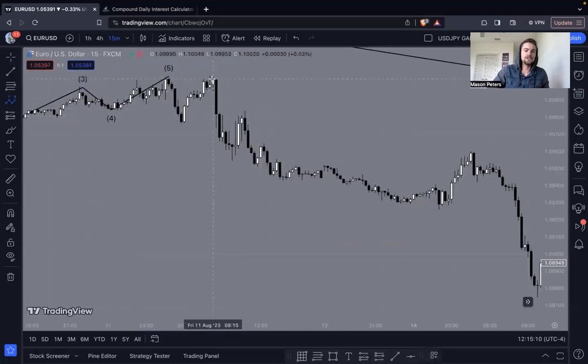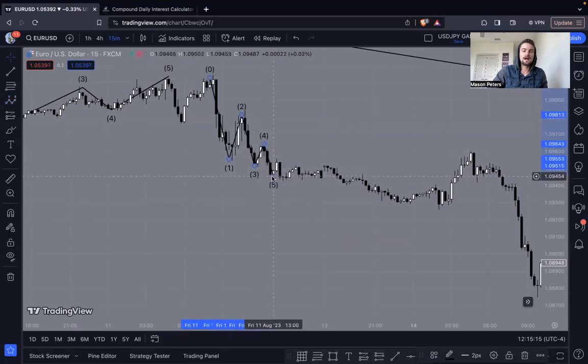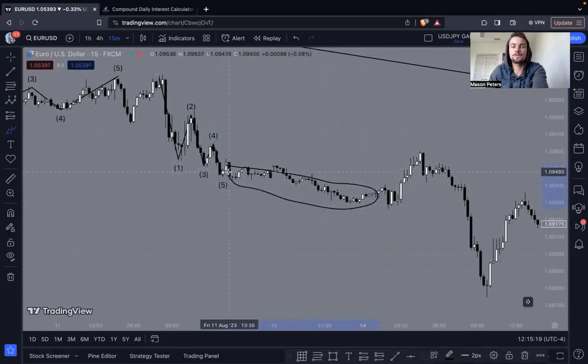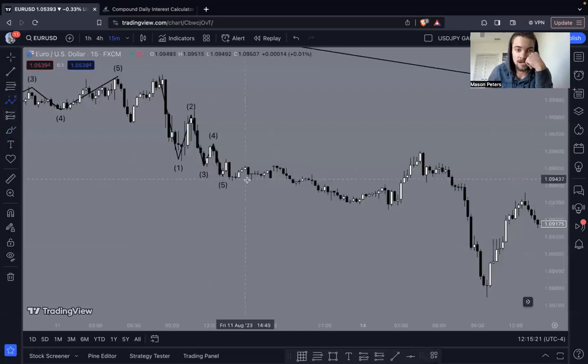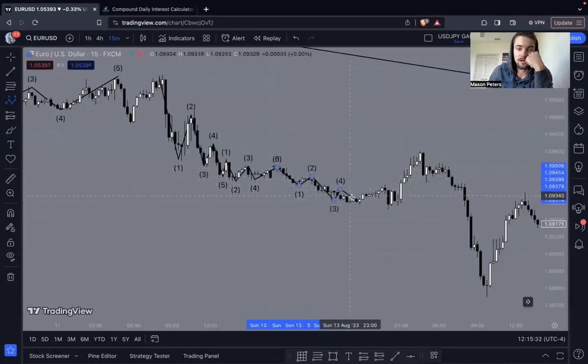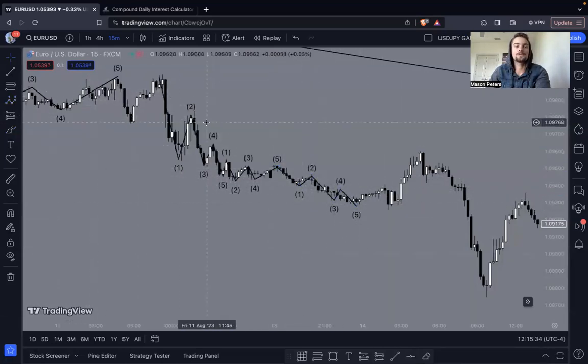And then you have your continuation. You have your 1, 2, 3, 4, 5, and then it continues to dribble downward. So actually this would be considered the extension of the wave 5. There's no ABC retracement. It's just a continuation. And it continues to go on and on and on and on. So you can see how it can get sort of complicated, right?